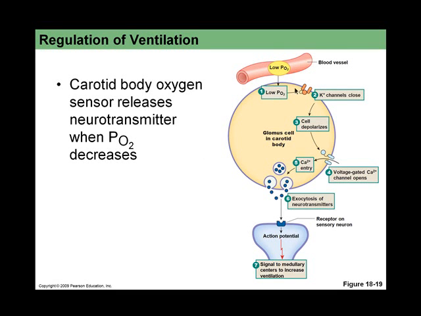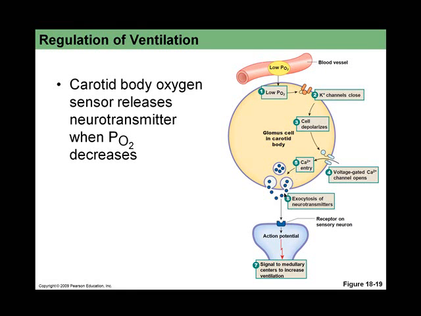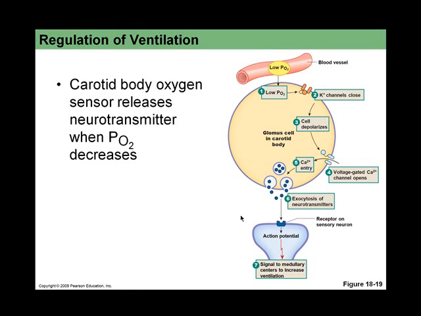So then you put a person like this on oxygen, you raise PO2, and what happens? This says, oh, we've got all the PO2 we need, stop breathing. So a very interesting clinical application of some of the new information we have: putting a COPD patient on too much oxygen too quickly can actually shut down their respiratory system.